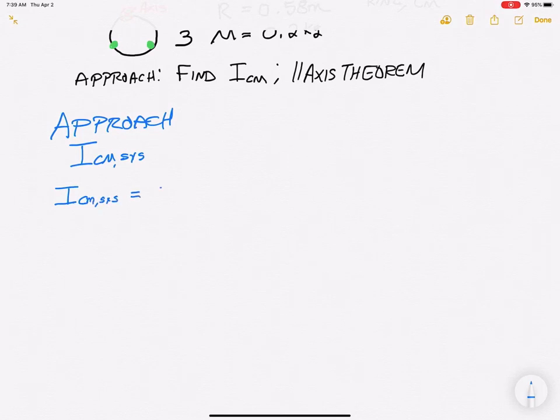It's just going to equal the I of the ring plus I of mass 1 plus I mass 2 plus I mass 3.